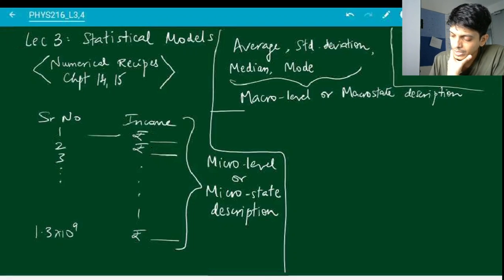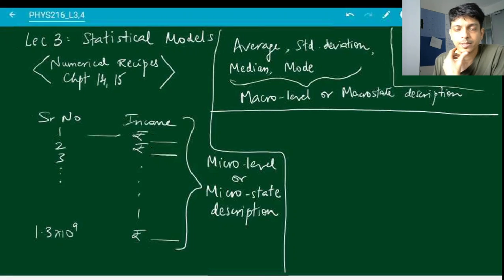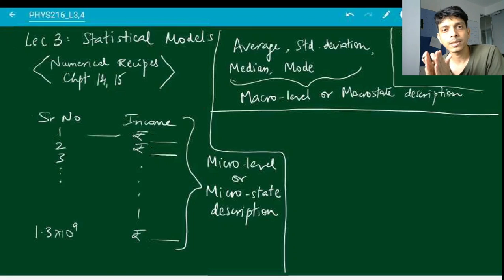And then in between these two levels, there is yet another, there's a third level, which is called a distribution description. In that, what you do is you club all your micro level information into certain bins.